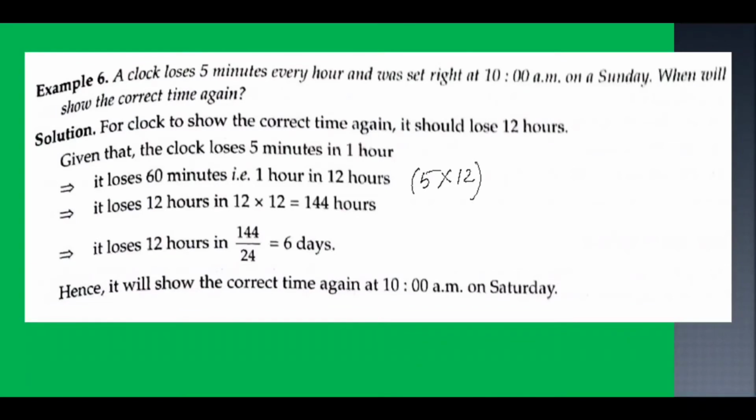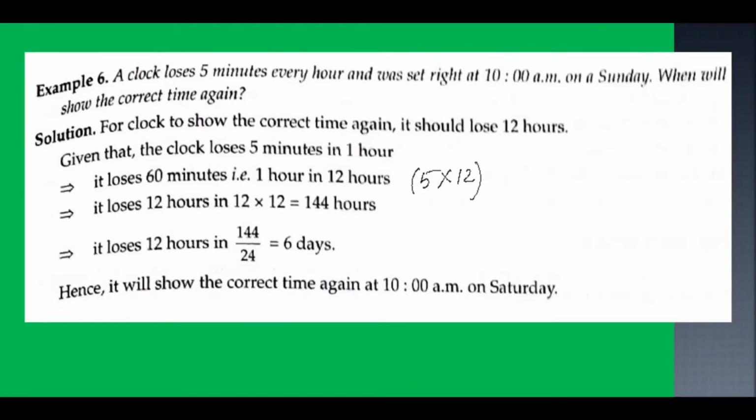So it loses 60 minutes in 12 hours. That is 5 into 12, we will get 60. So it loses 60 minutes in 12 hours, and it loses 12 hours, that is 12 into 12, that is 144 hours. When this 144 is converted into days, we will get 6 days.